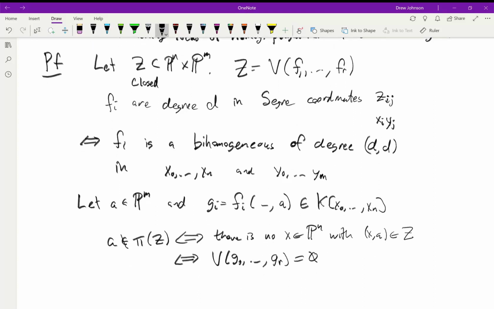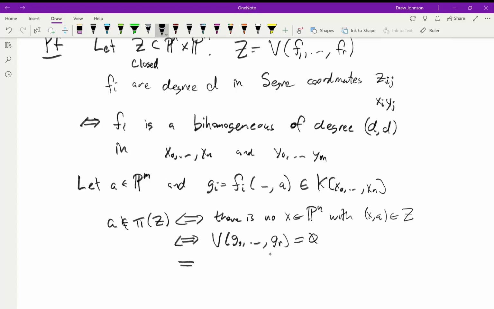Right, a point (x, A) is in Z if and only if all the Fi's vanish on it, but that's the same as saying the Gi's vanish on x, so that's what we got here. Okay, now if the vanishing set is empty, the only way that happens is if the irrelevant ideal (x0 through xn) is contained in the radical of the ideal of the G's.